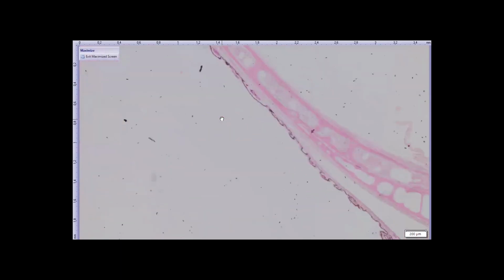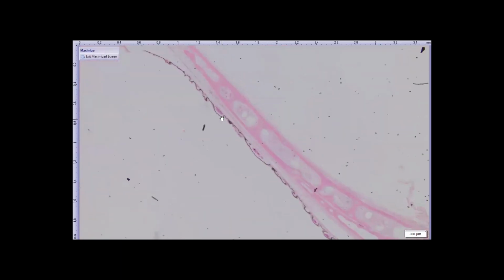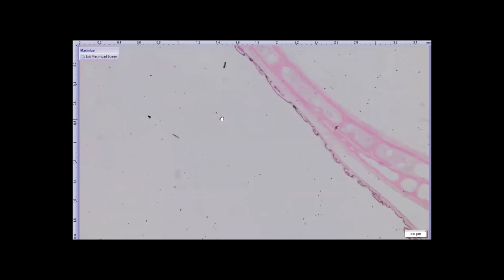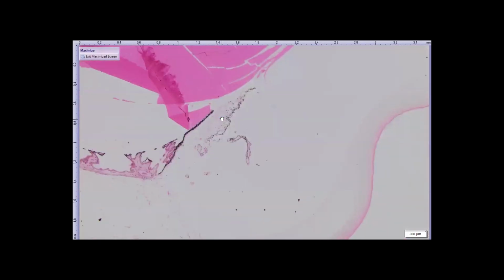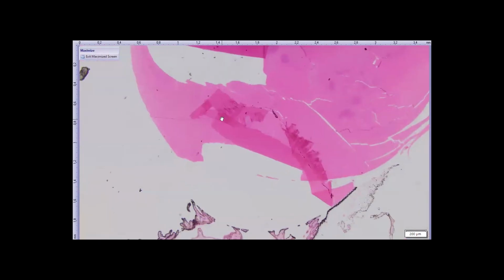Here's the pectinoculi. Here's that gigantic scleral ossicle. Let's go to the other side. The first slide was better.